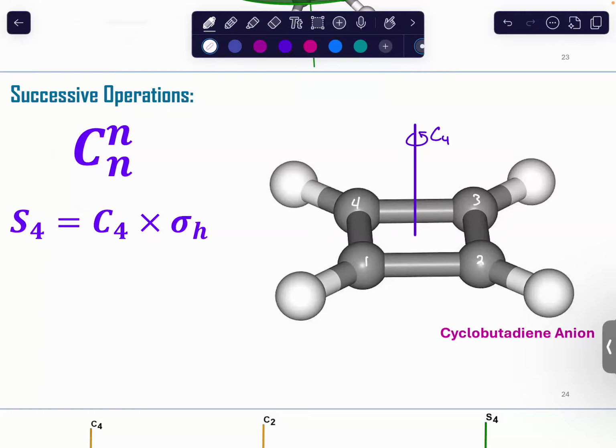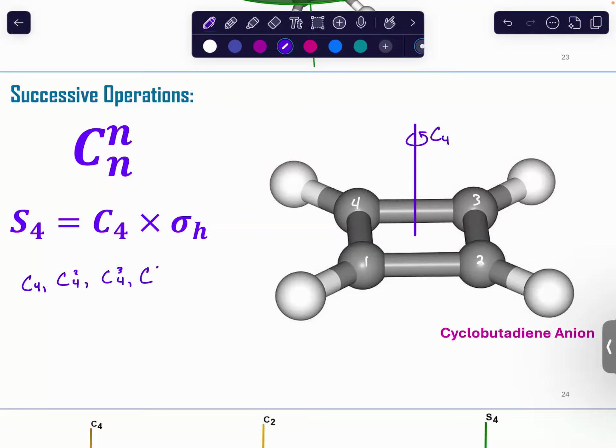So I rotated once. Now, I have a number of operations. I have a C4. I have a C4 squared. What do you think a C4 squared means? It's the second rotation. So I can go all the way up to a C4 to the fourth. C4 cubed. C4 to the fourth.